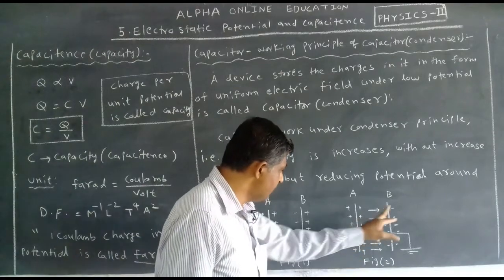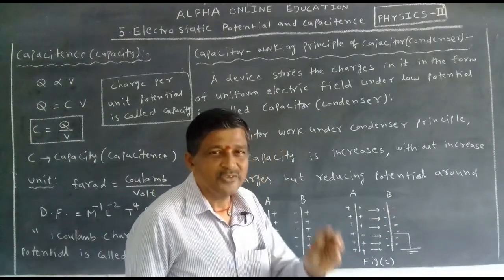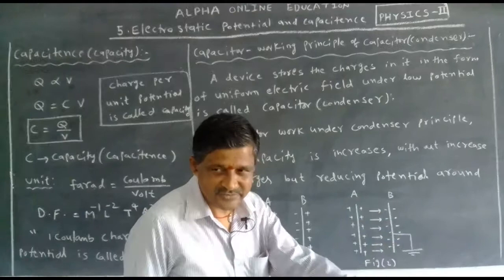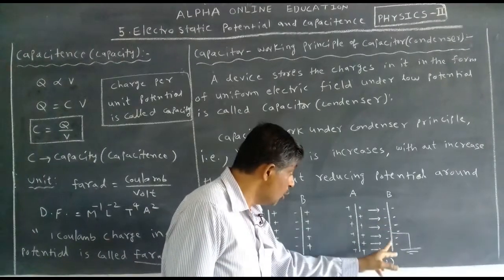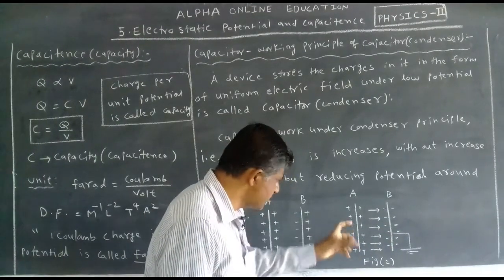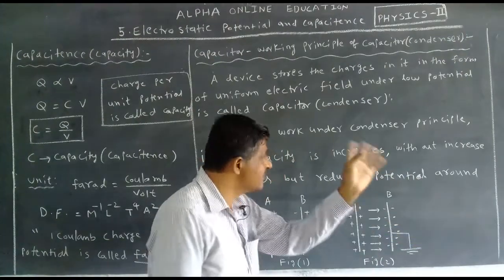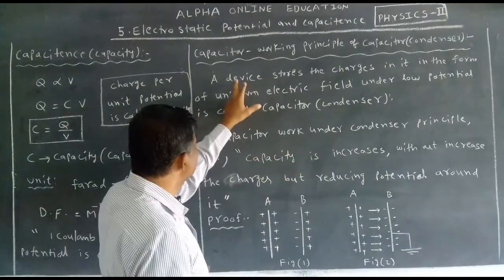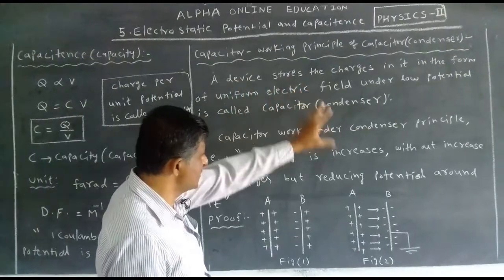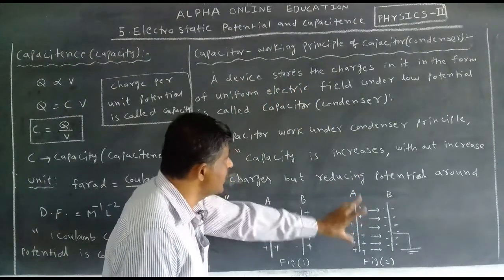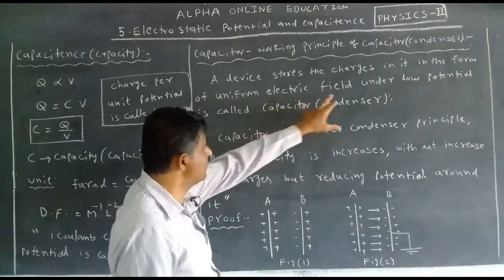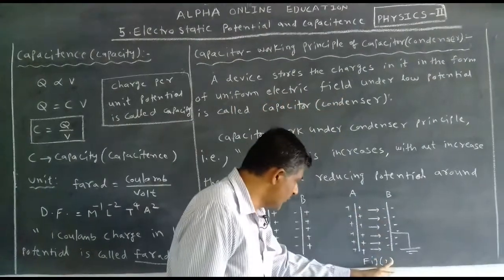So between the plates, what happened? A uniform electric field is established under low potential. But on this plate, the number of charges does not increase. That's why the device stores the charges in the form of a uniform electric field under low potential.